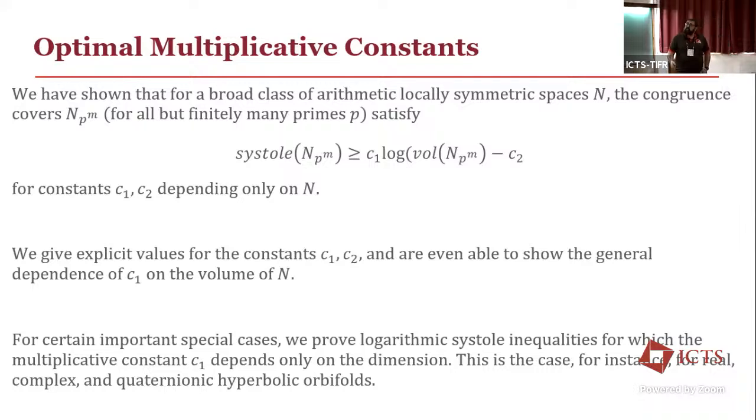Like I said, we give explicit values for these constants. C1, the multiplicative one, is going to depend on the volume of N in general, but when you have a real, complex or quaternionic hyperbolic orbifold, there's no dependence on the volume. It just depends on dimension. It's totally explicit.